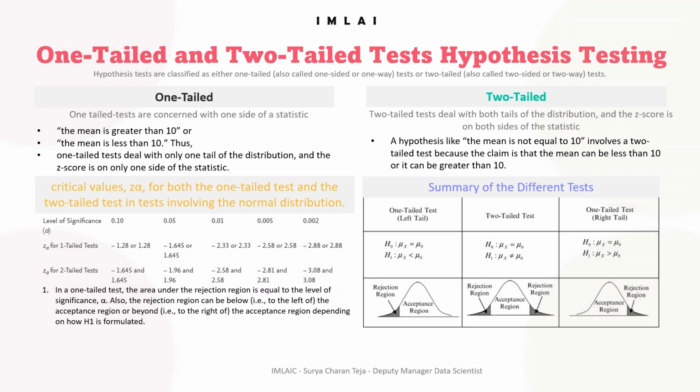In a one-tailed test, the area under the rejection region is equal to the level of significance alpha.